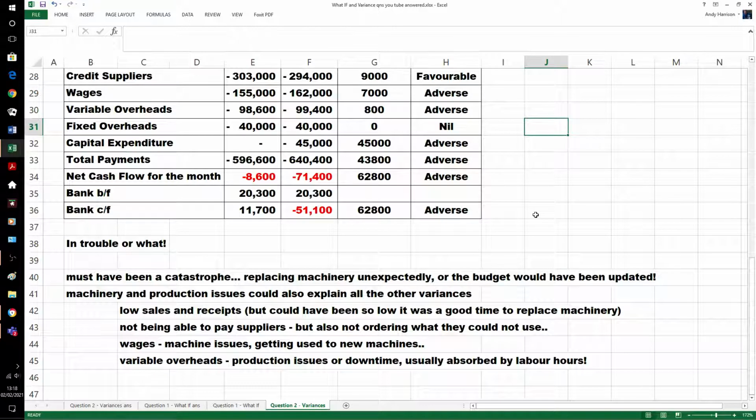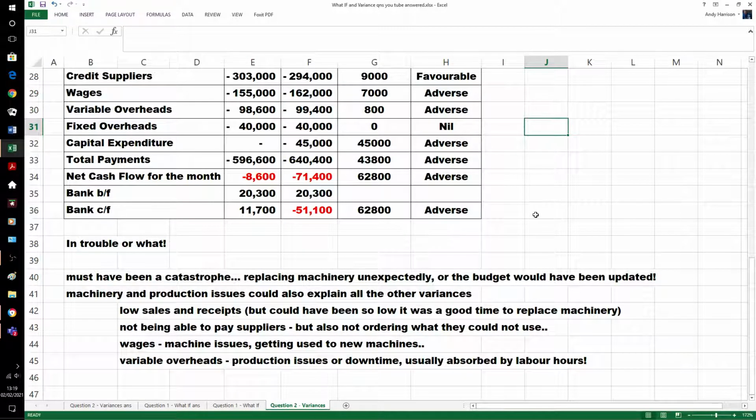£62,800 for this business, worse off than budgeted, is an issue. So must have had a bit of a catastrophe. They've replaced some machinery unexpectedly. If it was planned, you would have updated the budget and then budgeted for the fact that you're suddenly going £51,100 overdrawn, because you can't just suddenly do that. The bank manager would not be very pleased with you.